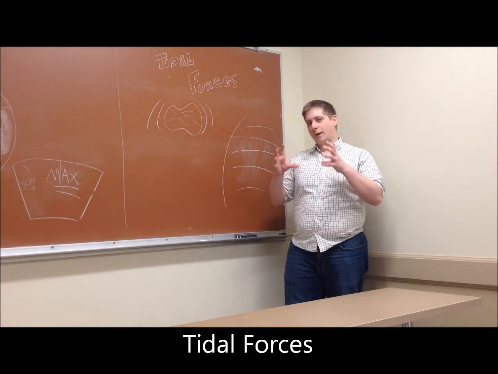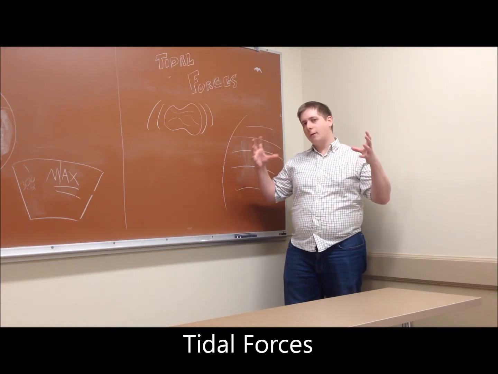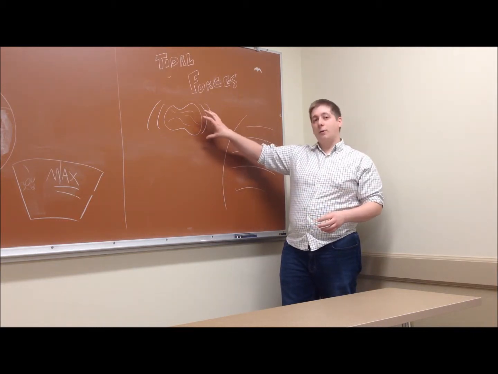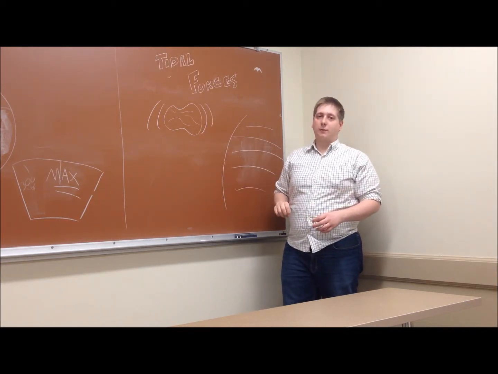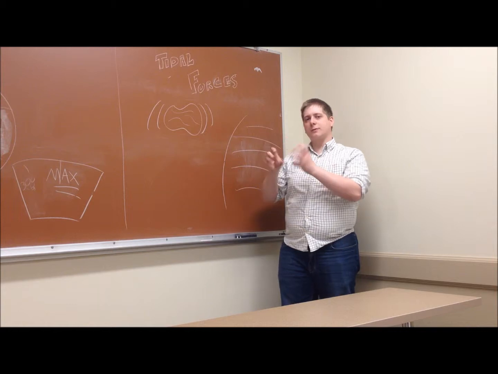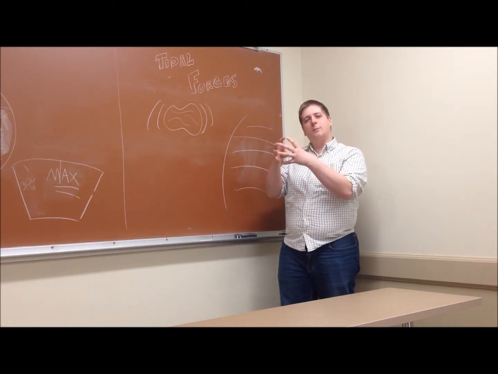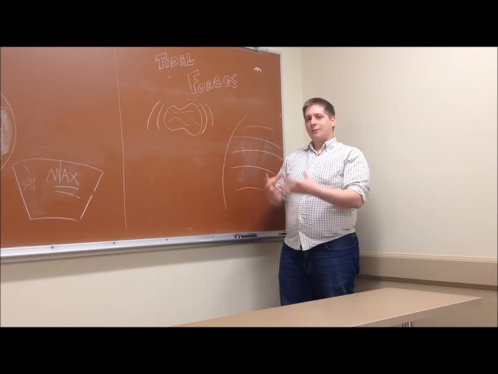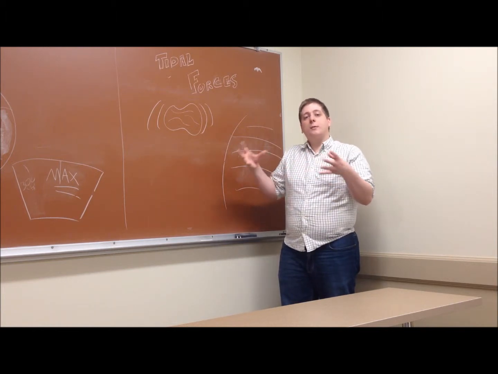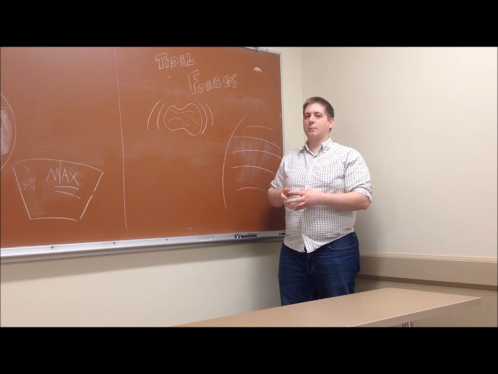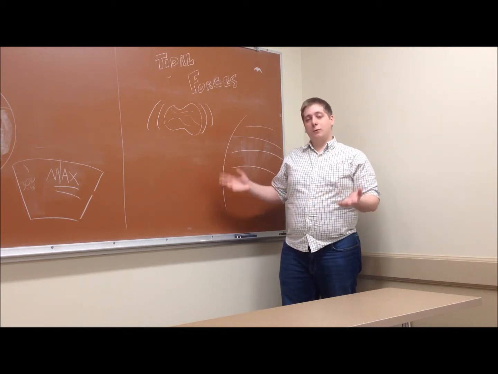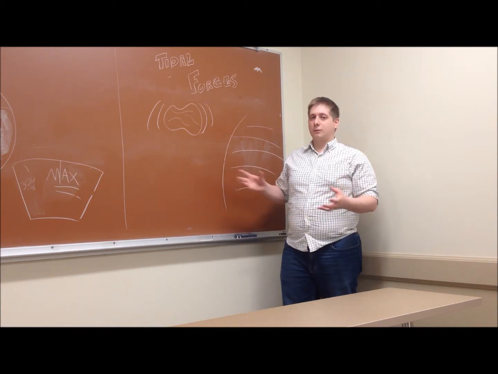Tidal forces are what happens when the gravity of a very large planet is pulling and tugging on a much smaller moon, even if it's the size of Earth. As the planet turns, the force of gravity squeezes and pulls it, which causes it to generate heat on the inside. That heat can warm up the temperature to make liquid water, which is important to life. One moon like that is Europa, which is currently orbiting Jupiter.